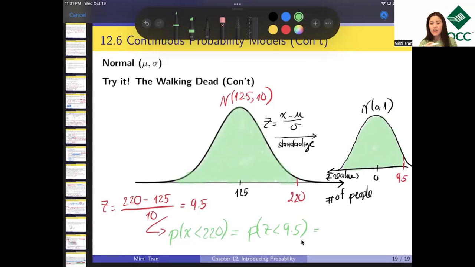Anything beyond that would be stretching it. So anything beyond that has a probability of either 0 or 1, depending on which cumulative you find. Here we have 9.5. That's way out there, past 4. So if you want the cumulative probability from the left, it looks like it equals 1 to me.